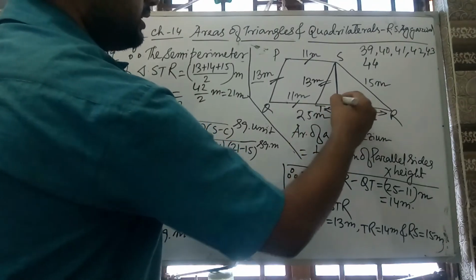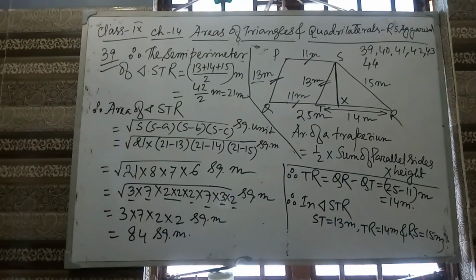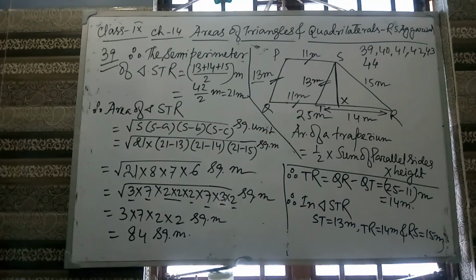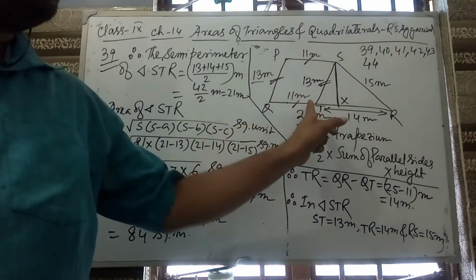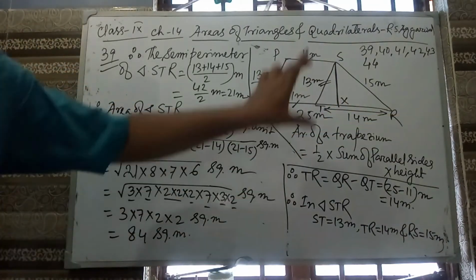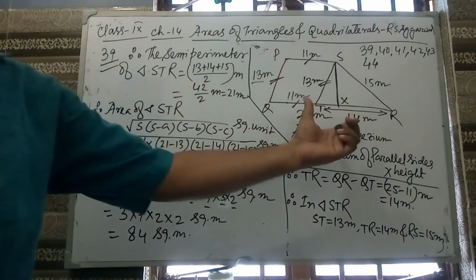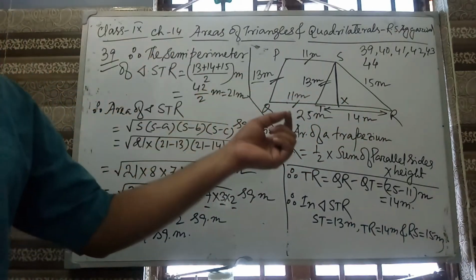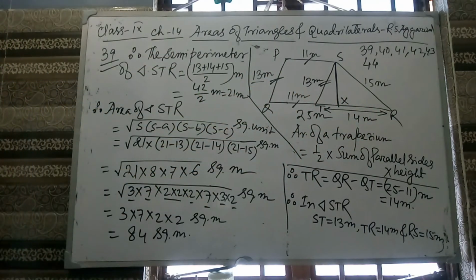Let it be X. Let SX be the perpendicular drawn from S on TR. So this is the height of the triangle and this is the base of the triangle.